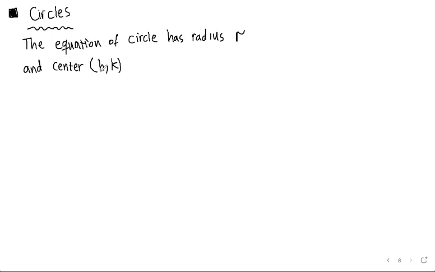This is my x coordinate, this is my y coordinate. The equation of a circle with radius r and center h comma k is x minus h squared plus y minus k squared equals the radius squared. So this is my circle equation. x with the x coordinate h, y with the y coordinate k.